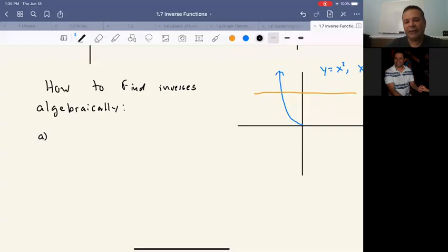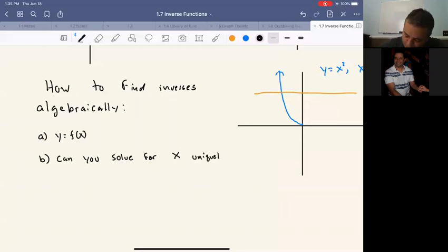The first thing that I'm going to say is, let's say you have your given y equals f of x. First thing I'm going to do is, can you solve for x uniquely? I think I misspelled unique there.